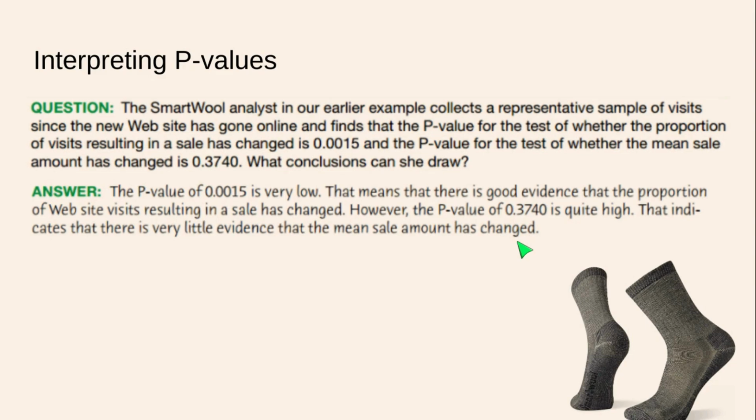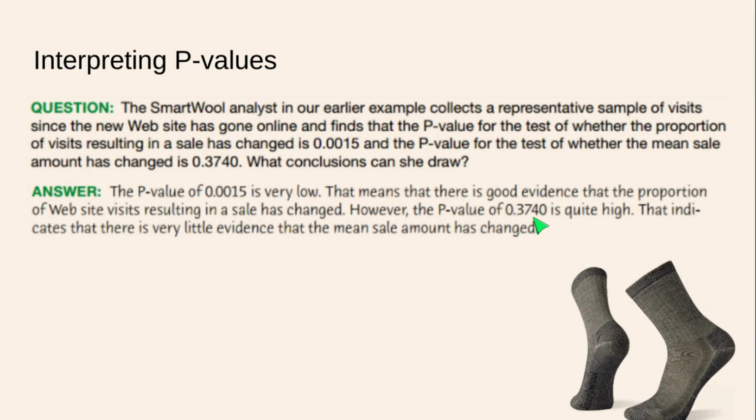Okay, so what do these numbers mean? That means if the null hypothesis in our first study, number of visits resulting in sale, were true, we would have a very small chance of getting data like ours. So that hypothesis is very, very likely wrong. However, in our second study, whether the mean sale amount has changed, we get a high likelihood of getting data like ours if the null hypothesis were true.